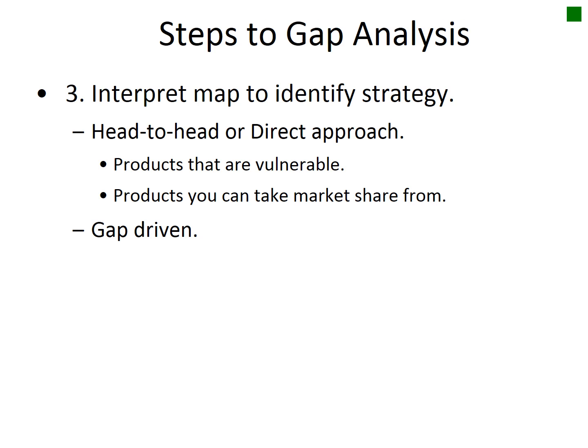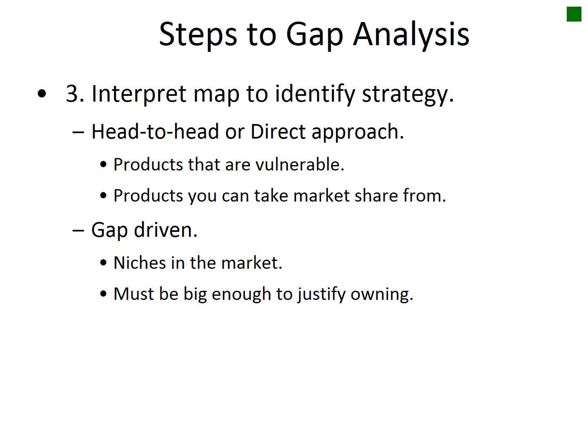We can also find areas, as I mentioned before, where there are gaps or openings that could be exploited that nobody else is exploiting right now. So these would be specific niches or small groups of consumers that have some special needs where there's not a product for them available at this time. Keep in mind that smaller gap-based approaches require enough size for there to be profitability.